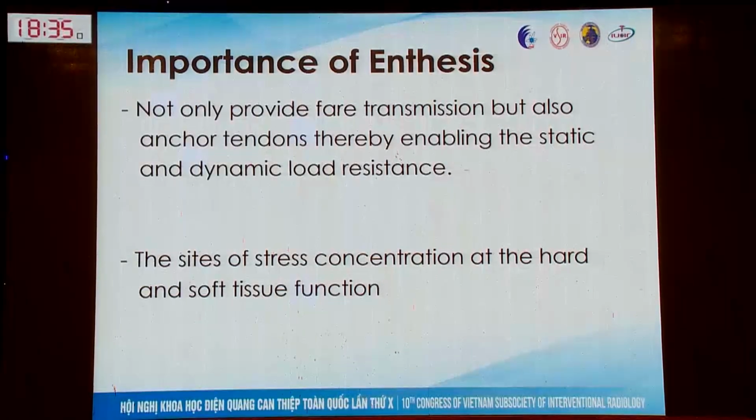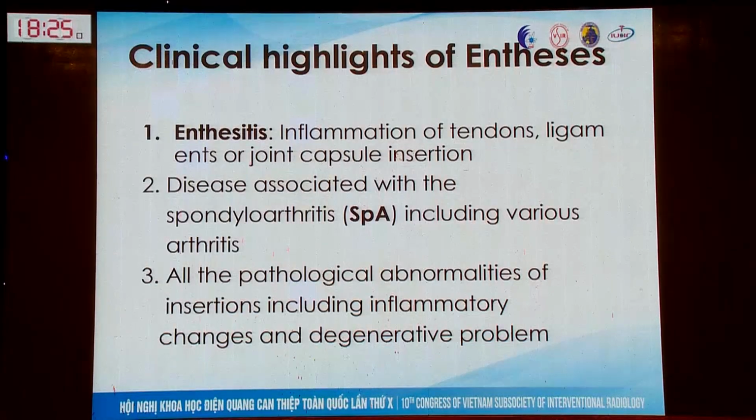Enthesitis is important because the enthesis is the site of stress concentration at the hard and soft tissue junction as well. So usually, enthesitis means inflammation of tendon, ligament, or joint capsule insertion. It means inflammation of the enthesis.